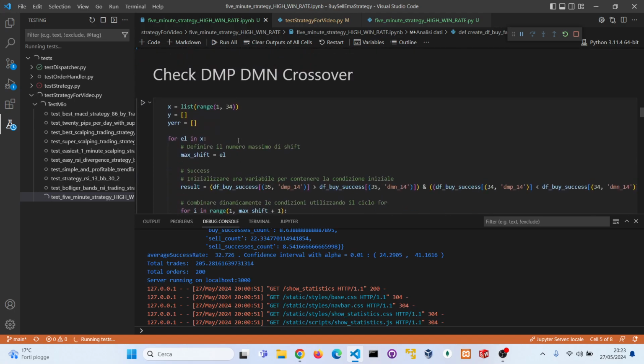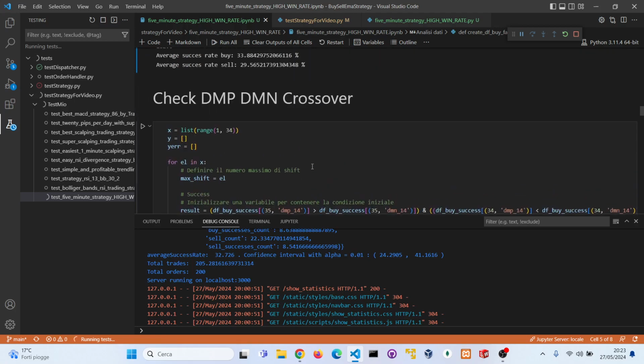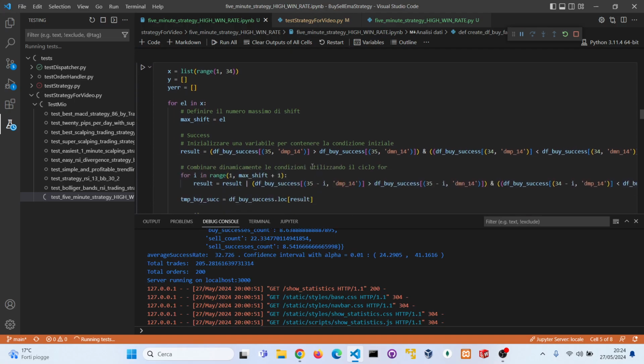Then I tried to check for a DMP and DMN crossover in the last candles. I remind you that DMP and DMN are two sub-indicators of ADX, and in the past they showed that by analyzing that you can improve your strategy. In many strategies I use this criteria, so it's very good.